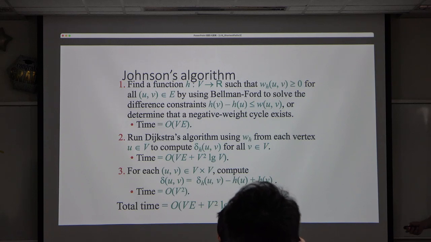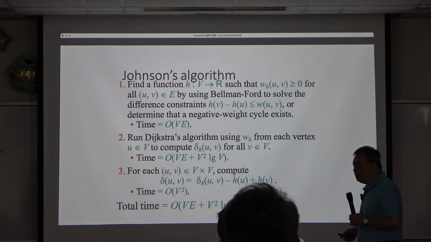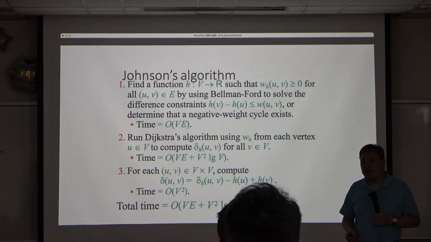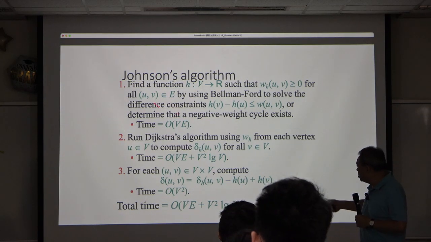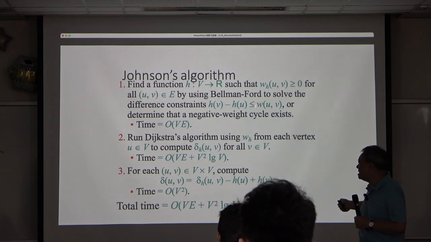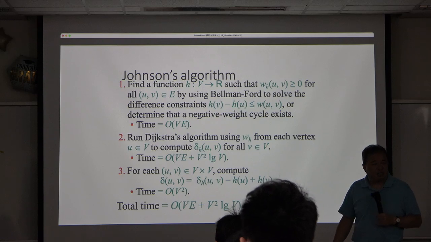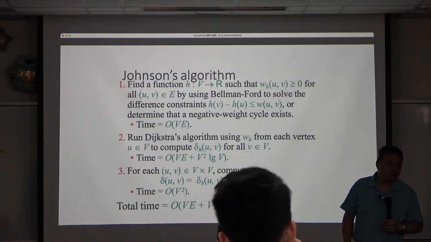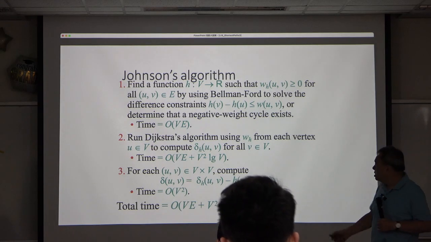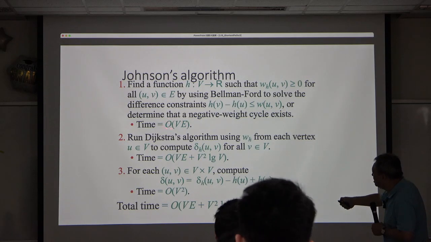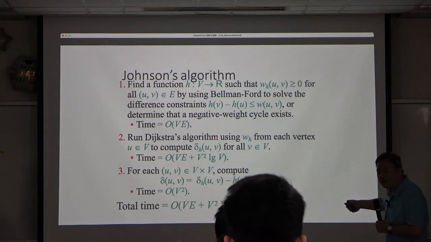You may not have any possible reweight function that does this, but if you don't have that, most likely you don't have shortest paths. I mean, the original graph has no solution at all. Okay, so how much time does it take to solve this? We already know it's big O of V times E, right?